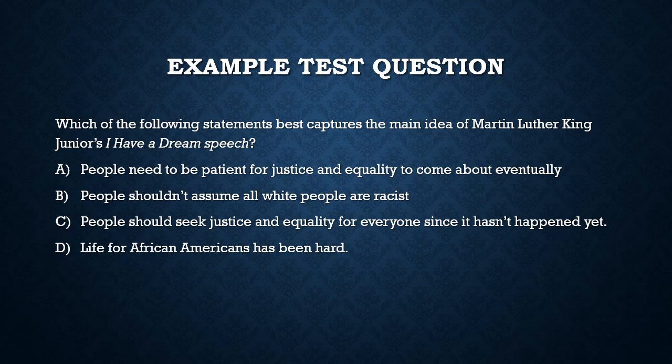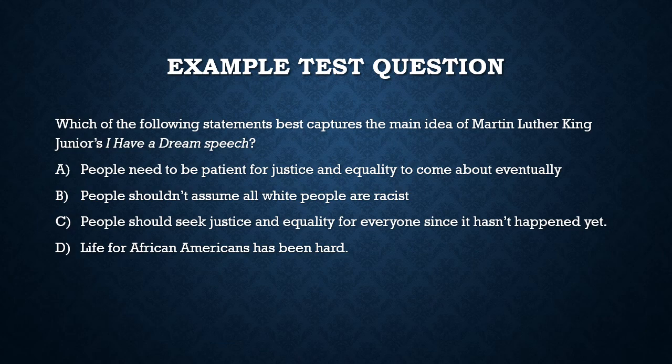C, people should seek justice and equality for everyone since it hasn't happened yet. This was probably going to be our main answer, because it mentions that it hasn't happened yet, so it mentions that African Americans have been suffering, but it also mentions that people should actively be seeking justice and equality.